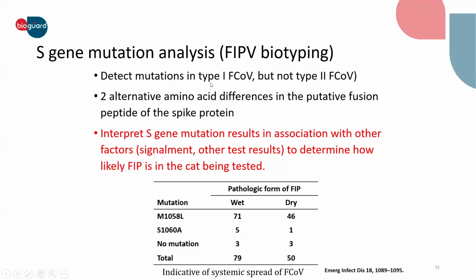Of course, this test can only work for type 1 FCoV, not for serotype 2 FCoV. When we interpret the S gene mutation result, we need to associate it with other factors like signalment and other test results to determine how likely FIP is in the cat being tested.